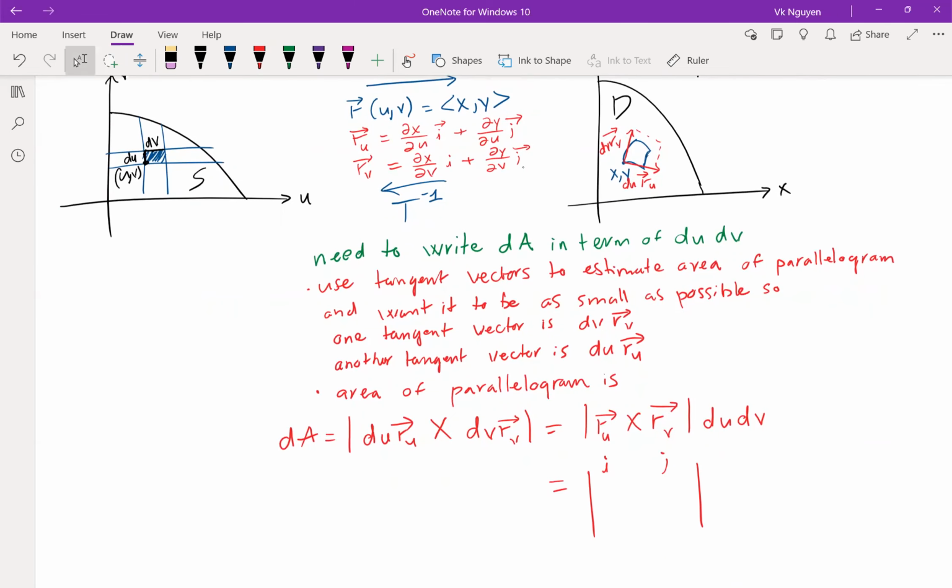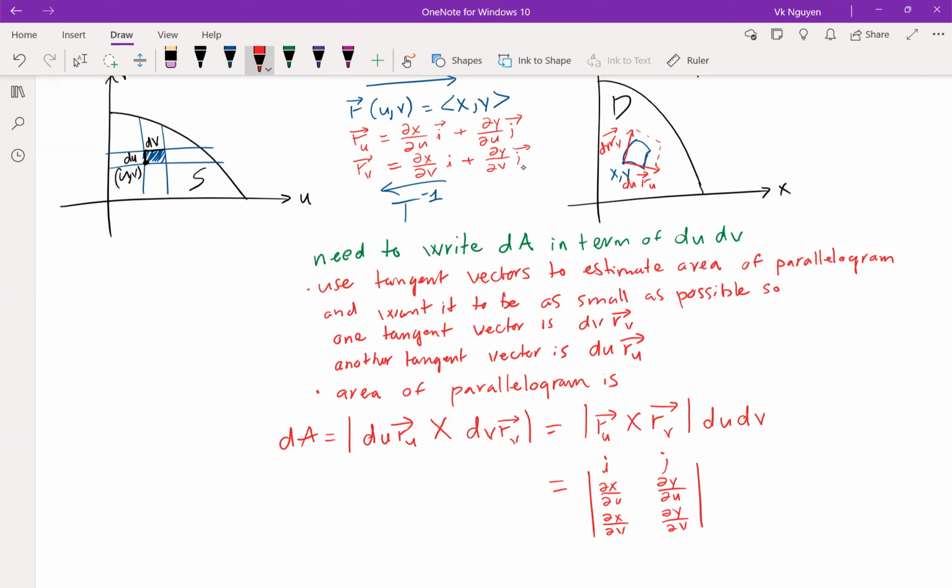These are the components of the vector i and the vector j, so it's the partial derivatives of x and y with respect to u and v.